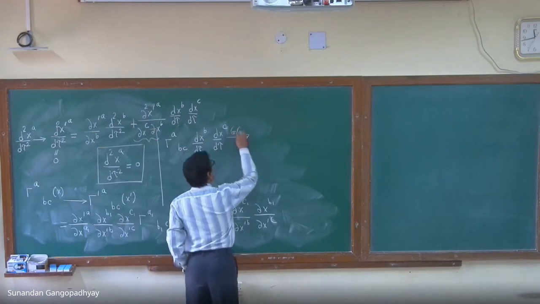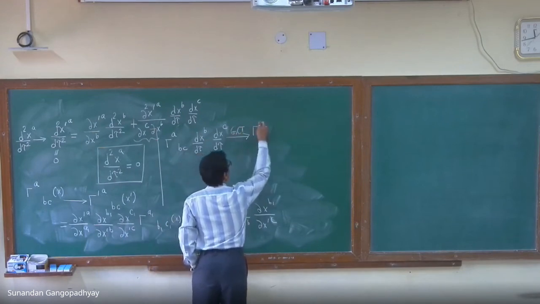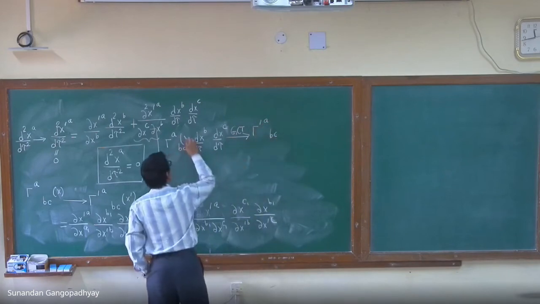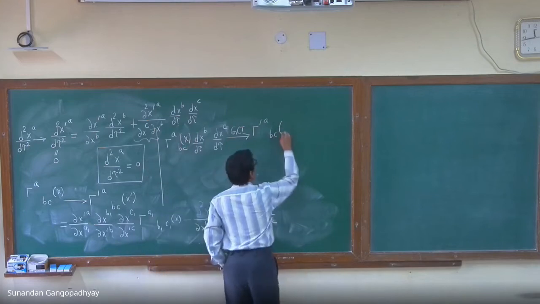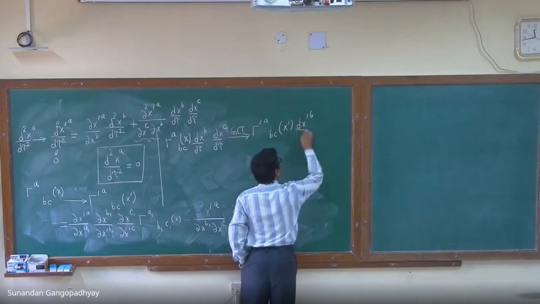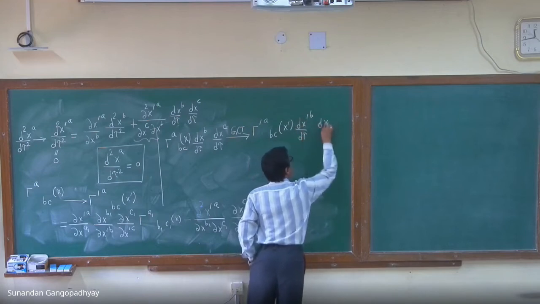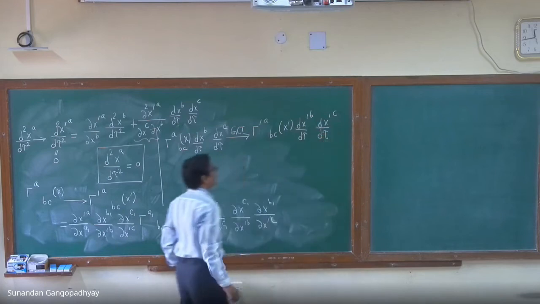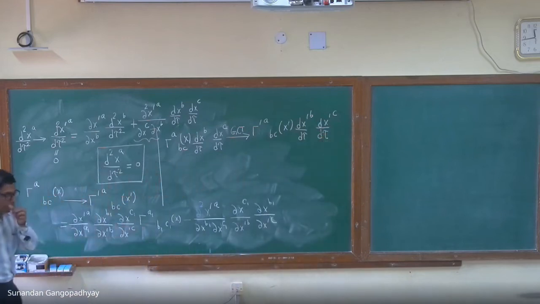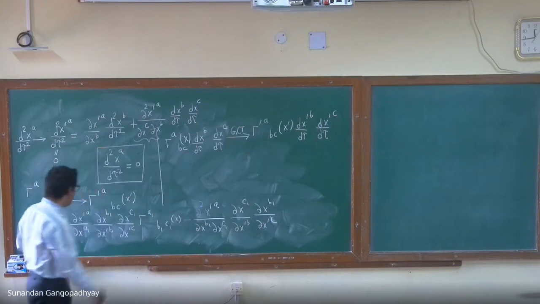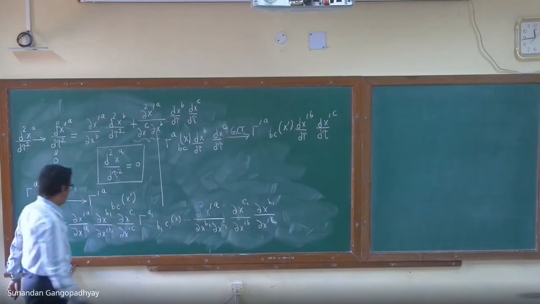Under general coordinate transformation, this will transform to Gamma^a_{bc}, x goes to x prime. Then we will have dx prime b. So this transforms like this. And we know how this transforms, which we have written down just now.